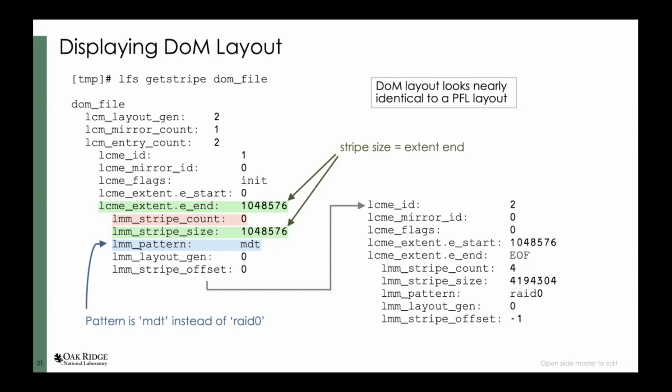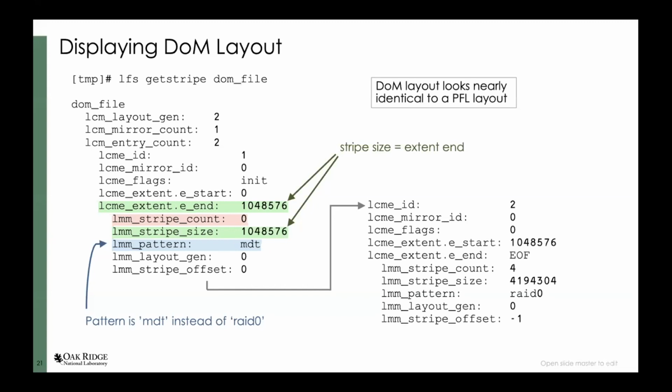Since a DOM layout is just a type of PFL layout, it's displayed almost identically. There are just a few key differences. Notice that the stripe size will always match the extent end.